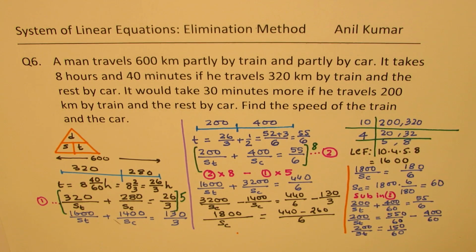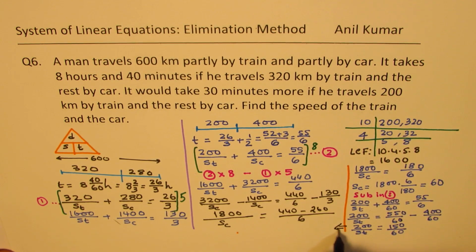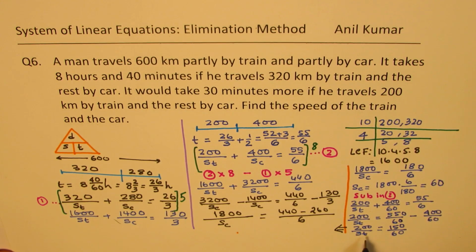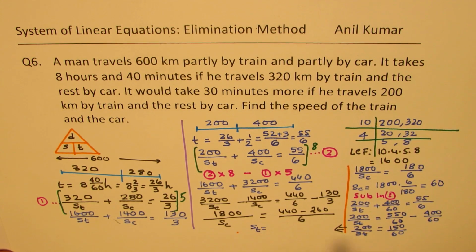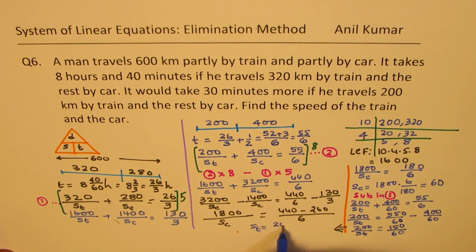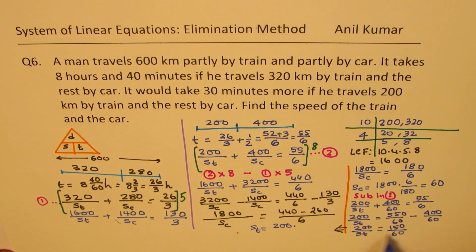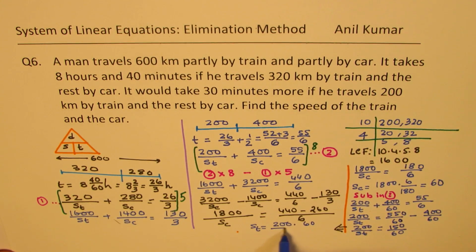Right? So let's move towards the left side, and we can now write from here, we'll move towards this side, and then we write speed of train, cross multiply then. Correct? So we can write speed of train is equal to 200 times 60 divided by 150.